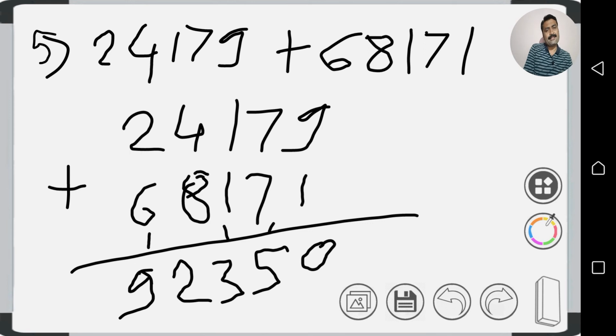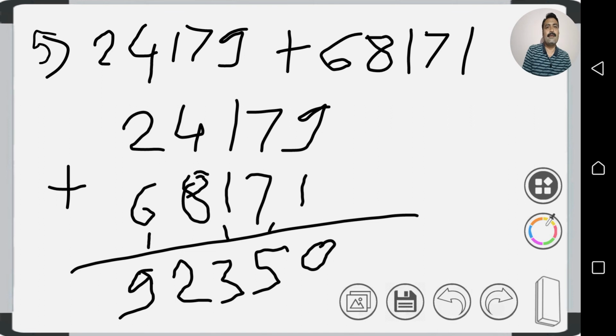Now in this example you had to observe the main fact that while writing the answer, all digits are kept one below each other. This is very important in the vertical method. If you make the arrangement one below each other in the proper way, then you will get the answer correct.